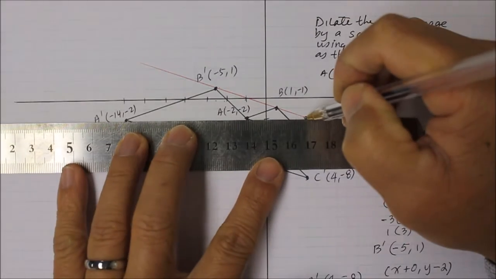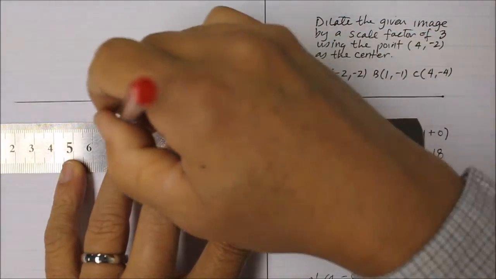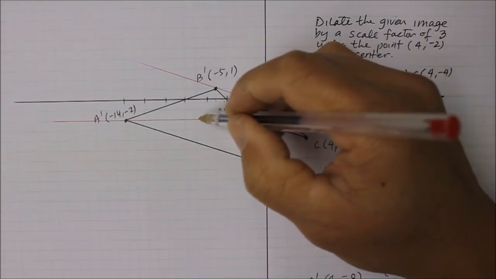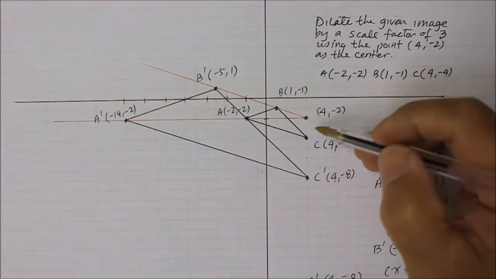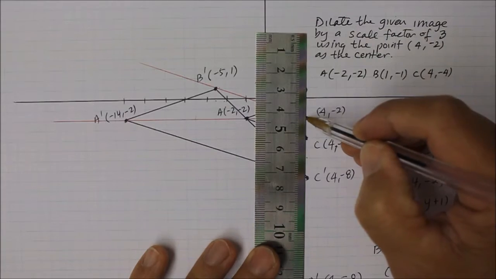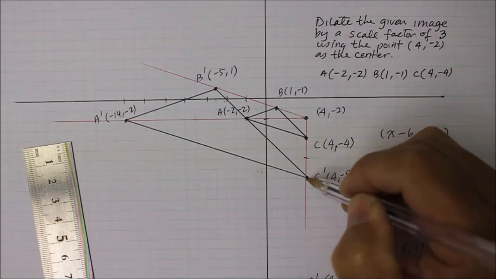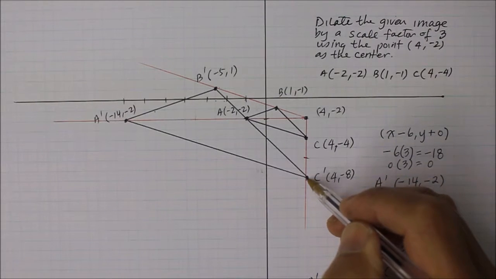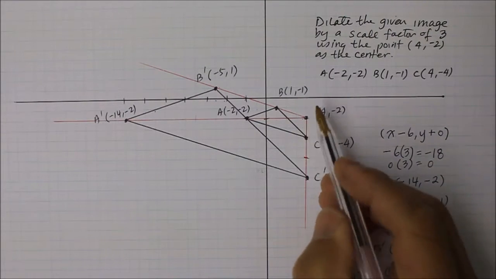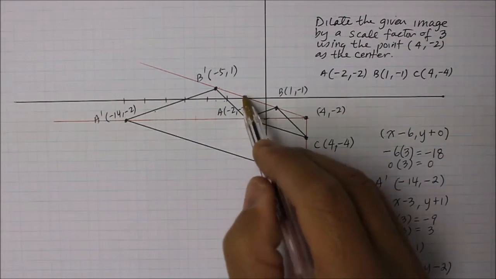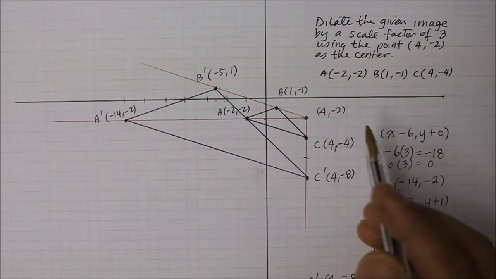From here to that A prime, it is 1, 2, 3. And from here to the third point, it expands out 1, 2, 3. Okay? Hey, does that mean it's like a rise over run? 1, 2, 3, 1. Yes, it is.